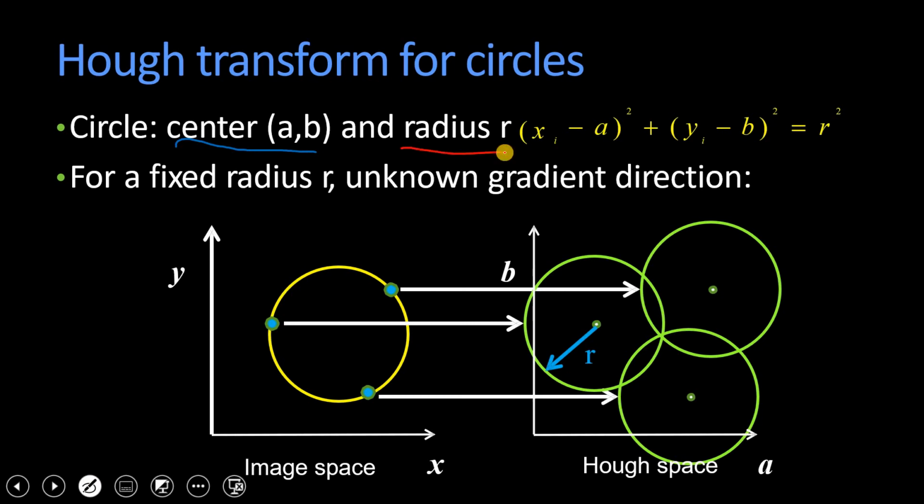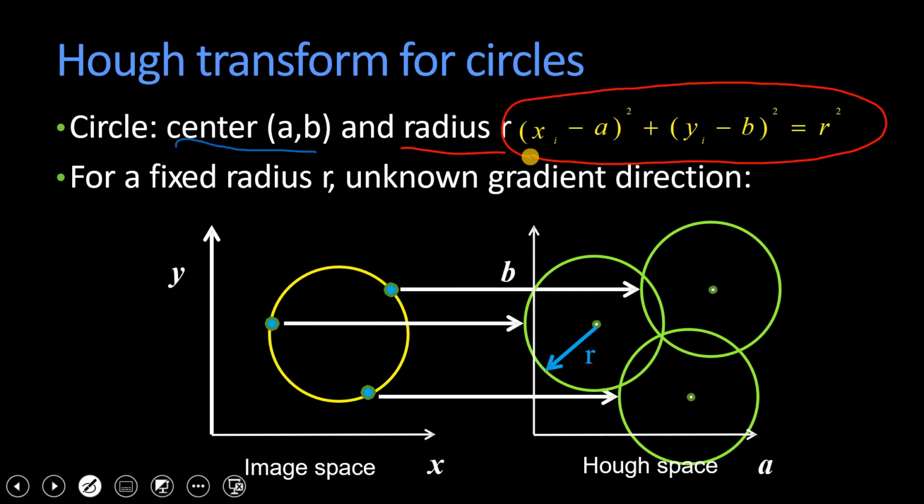The center of the circle is basically 2 points, x and y. Here we say we have two values a and b. If you know the a, b values and the radius of the circle, then you can draw any circle with this equation. But remember, we are considering circles with the same radius. We keep it a fixed radius.